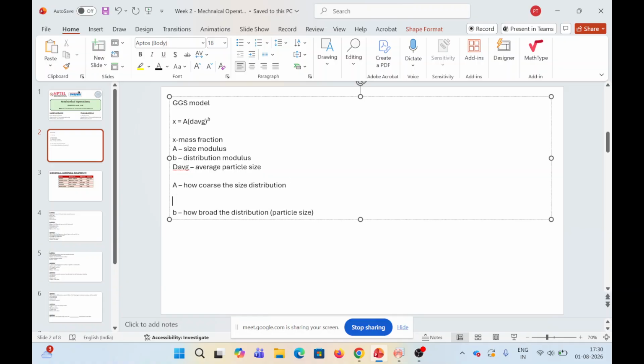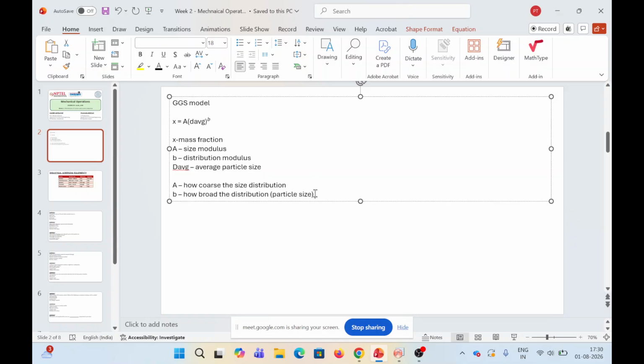So this GGS model is typically represented graphically using a log-log plot. So you convert this equation into log form and then plot it.